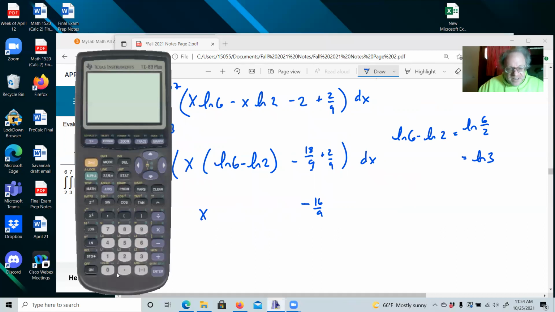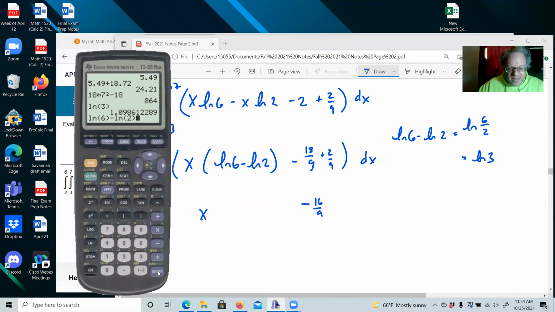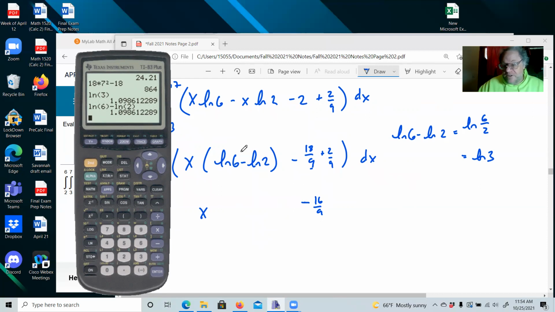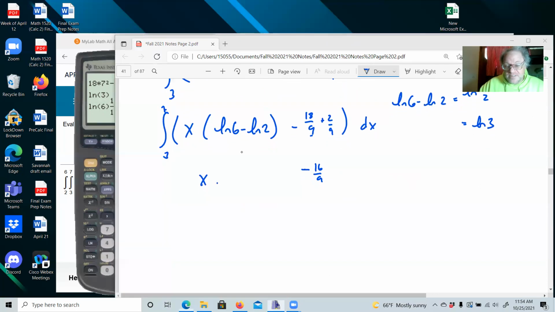We have ln of 3. Look at that number. And then we have ln of 6 minus ln of 2. Hey, would you look at that? They line up exactly. That's a property. You're allowed to do that. So this is ln 3.